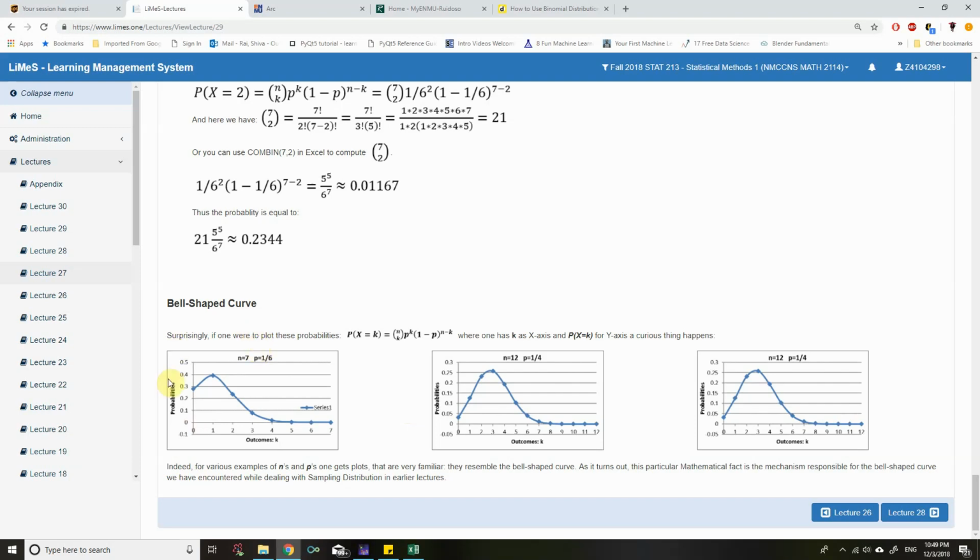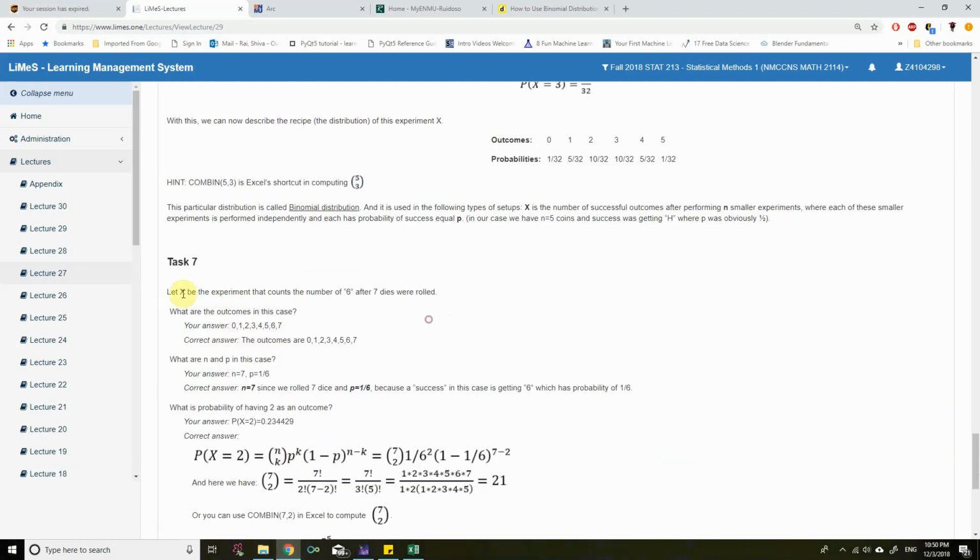So this is the case for the problem that we did for task 7.